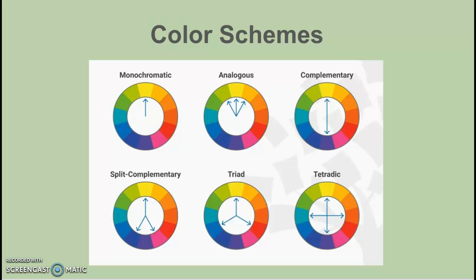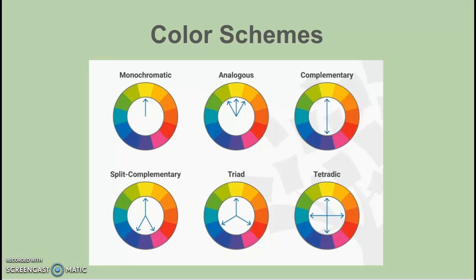Now we can use the color wheel and different formulas in schemes, as you can see here. So there's monochromatic, which is just using one individual color. There's analogous, which is using a few colors that are next to each other on the color wheel. There's complementary, which are using colors opposite each other on the color wheel.